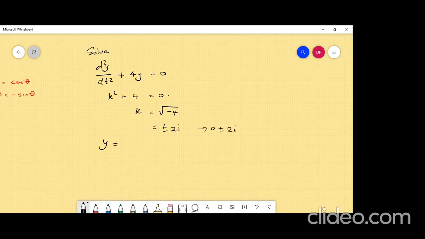So remember what we said, this is the exponential part. So y is equal to e to the 0t, M cos 2t plus N sine 2t. Anything raised to the power 0 is 1, so y is equal to M cos 2t plus N sine 2t.